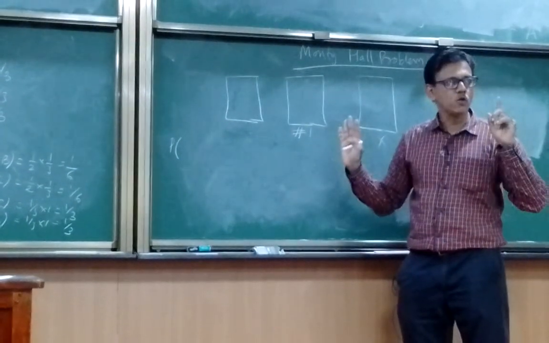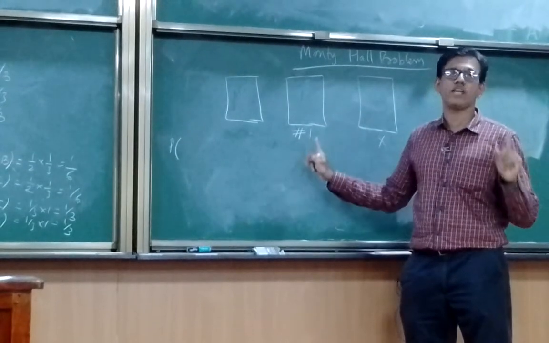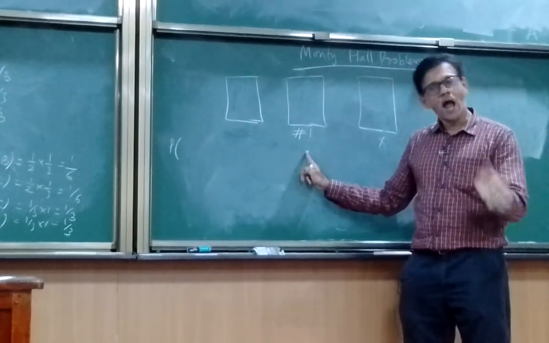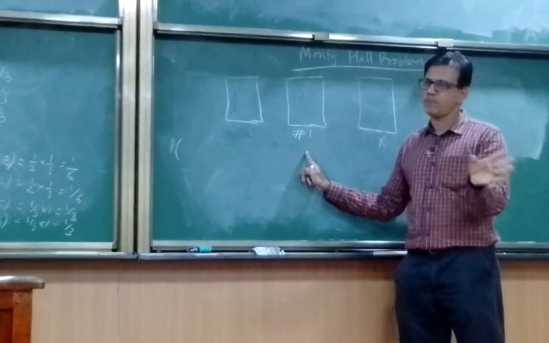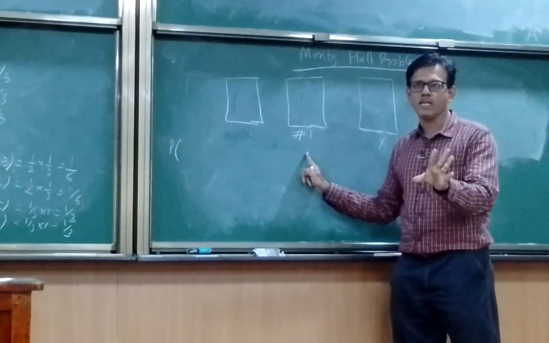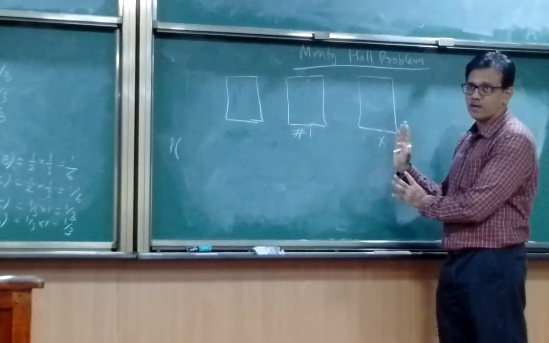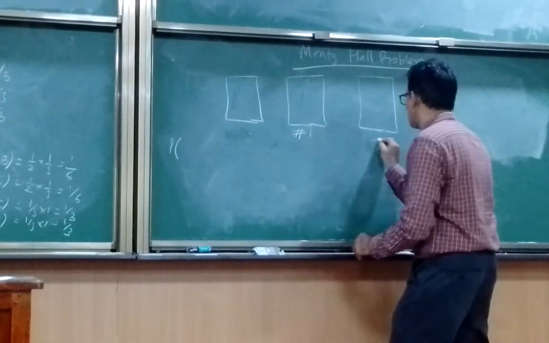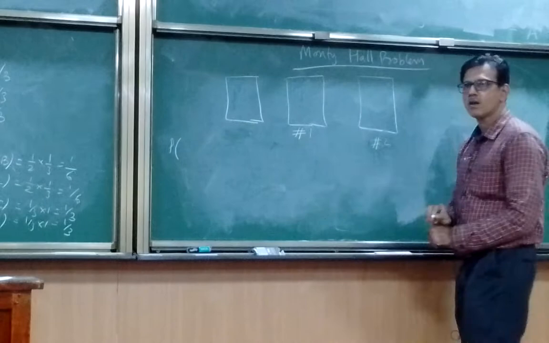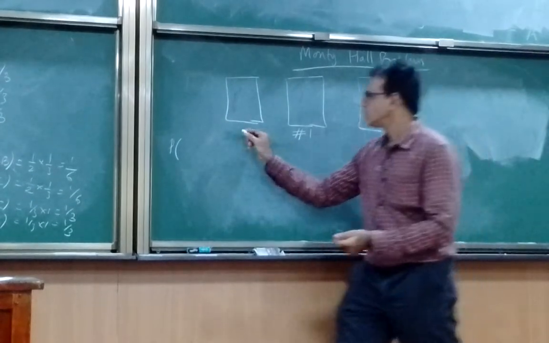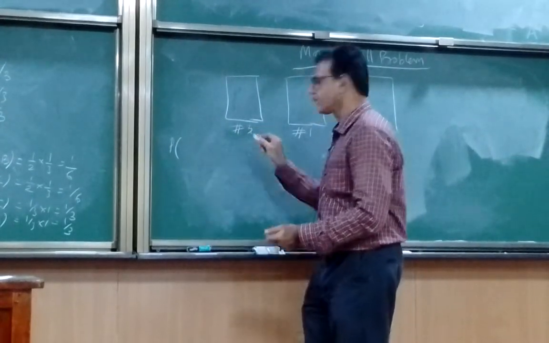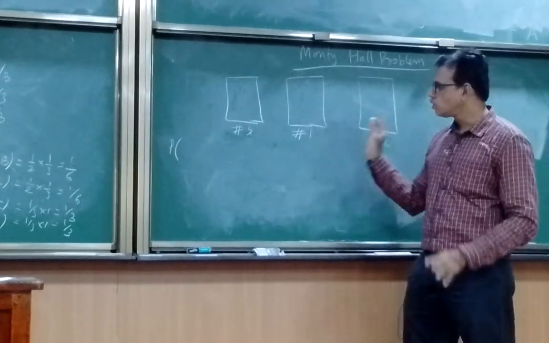Then Monty is going to open a door other than what the contestant has chosen. That is definite. And it is one which doesn't have the prize. Whatever Monty opens, he can only open this or this, one that doesn't have a prize. I will call that 2. And what is left is 3. So this is what it is.